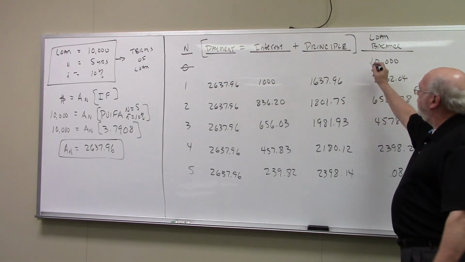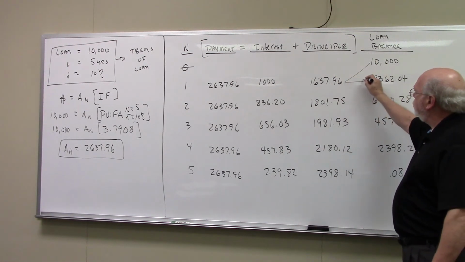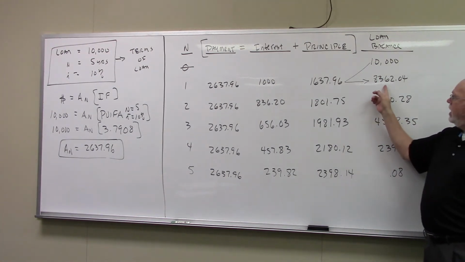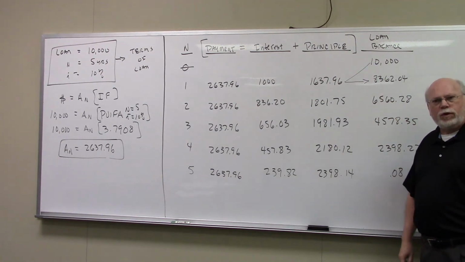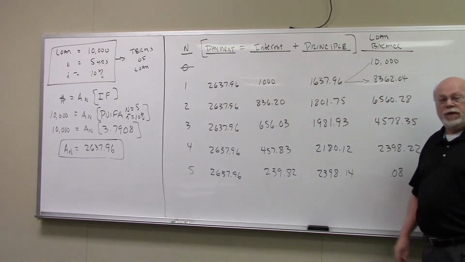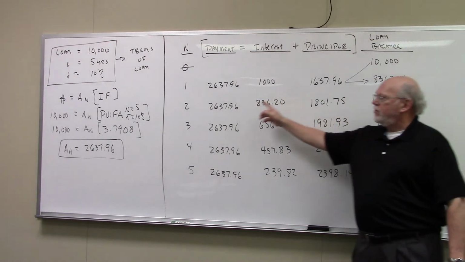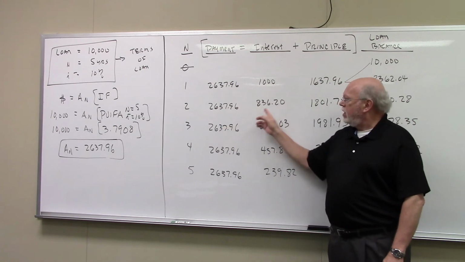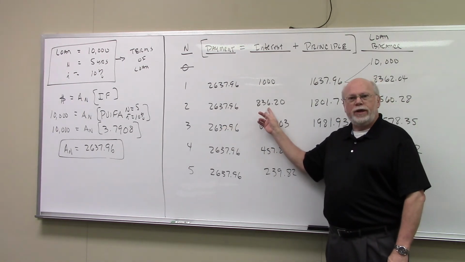If you take the beginning loan balance and subtract out the principal portion of the first payment, you get $8,362.04. So we start the second year of the loan owing the bank $8,362.04, and we use that much of their money for a year before we make our next payment. 10% of that loan balance is $836.20.